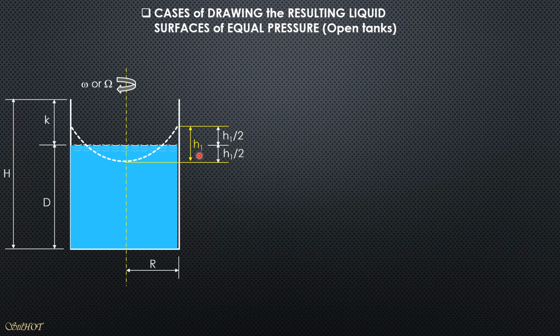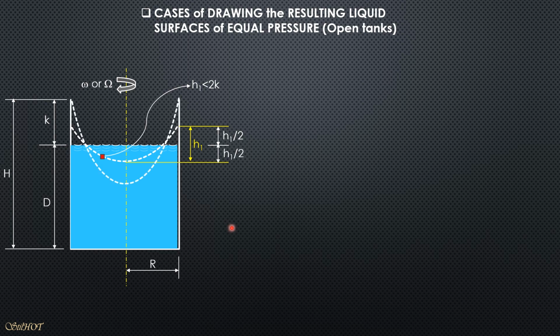The formula for H1 is omega square big R square over 2g, or 0.0005589 omega square R square for omega in revolutions per minute. That's for H1, which is less than twice this k, twice the empty depth. So take note that the depth is greater than half the height of the tank.